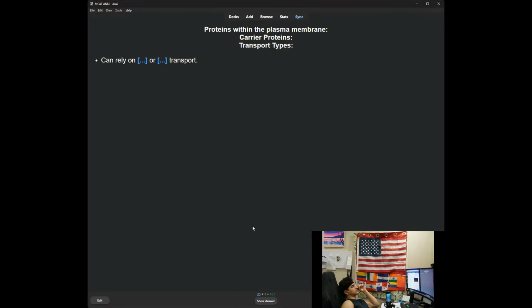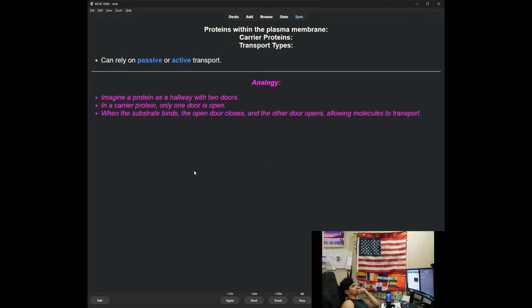Carrier proteins. Glucose transporters, or I'm not sure. Okay. Imagine a protein as a hallway with two doors.